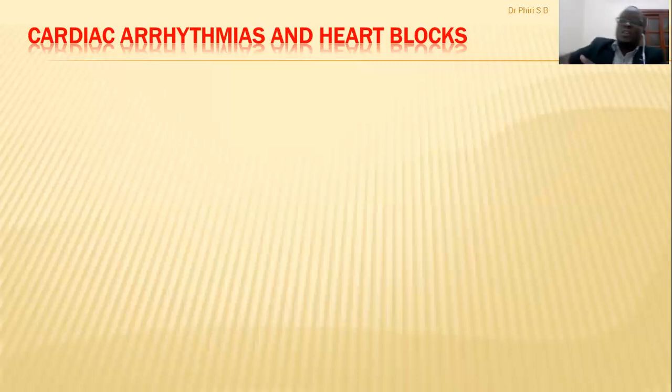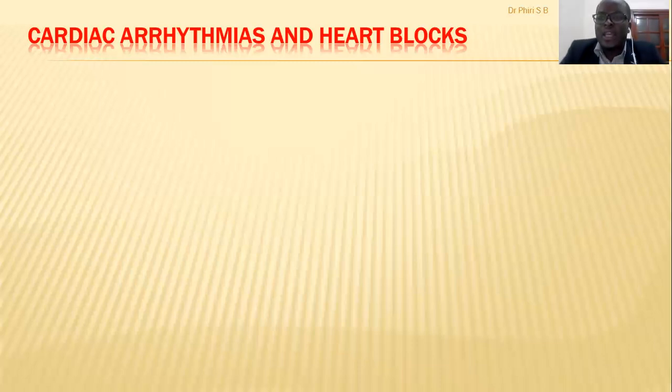So it means your V6 and V5 are looking at the lateral aspect of the heart. So the V6, V5, lead 1, then you have AVL, then you have lead 2. They are all looking at the lateral aspect of the heart.